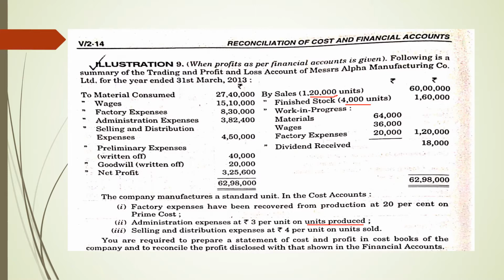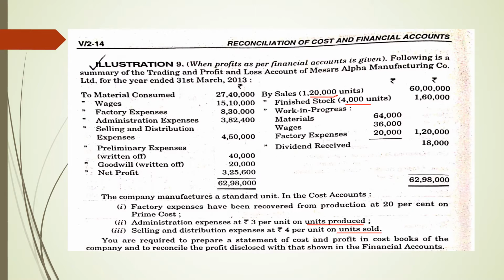So administration expense is charged at 3 per unit. Therefore, for 1,24,000 units, administration expense recovered is 3,72,000. Then, while preparing the cost statement, selling and distribution expense is at 4 per unit on units sold.